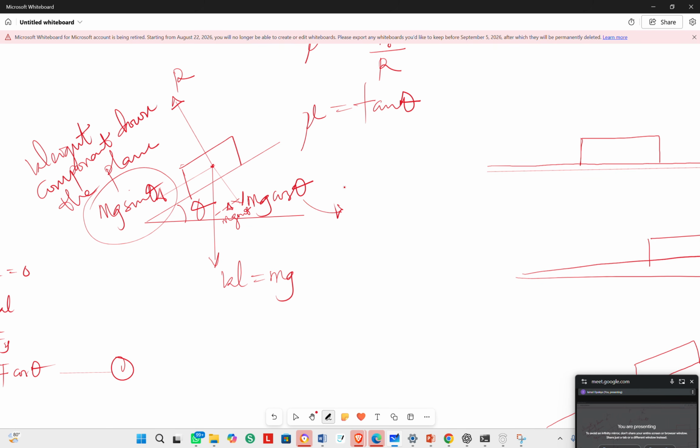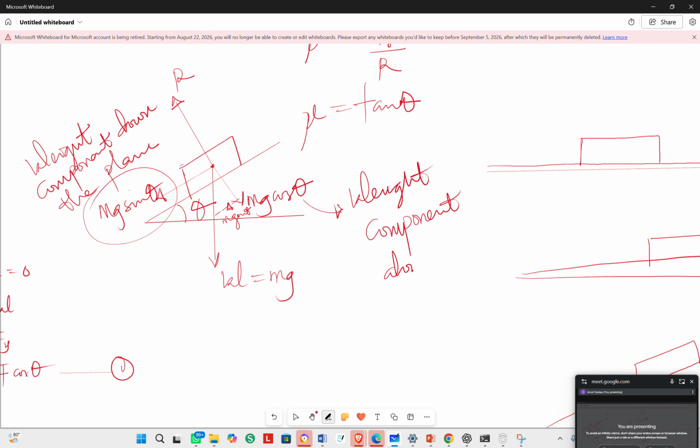This other one, we call it weight component along or across the plane.